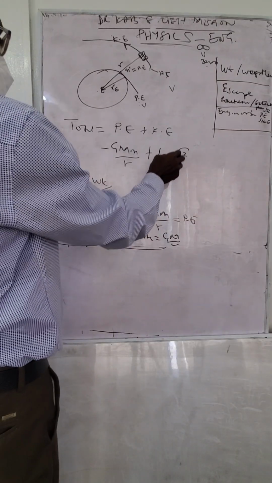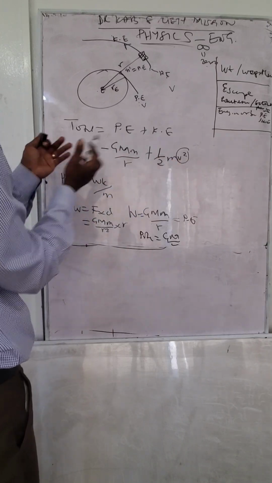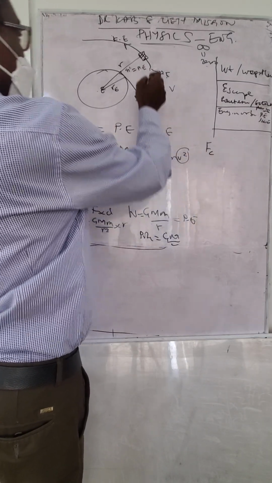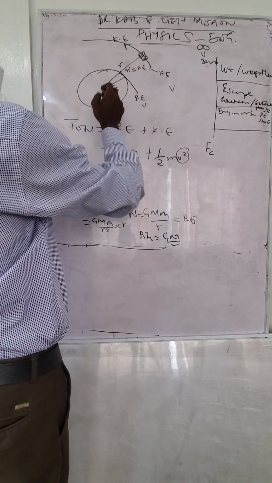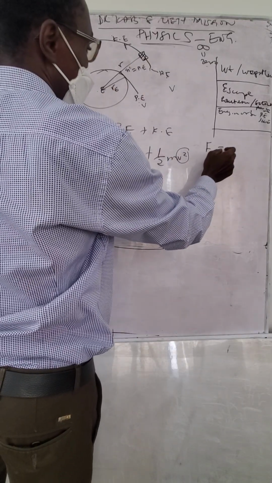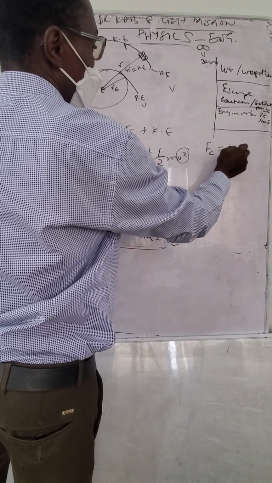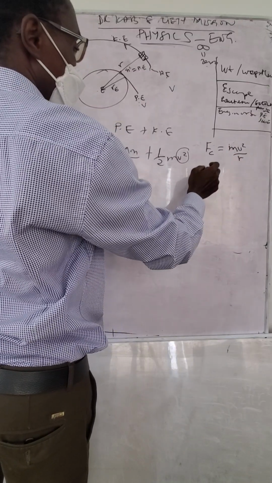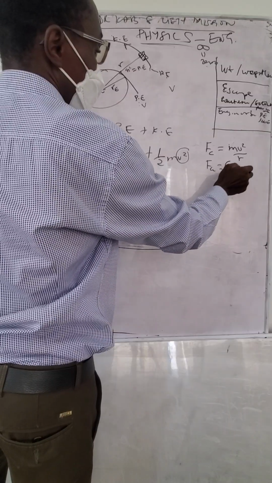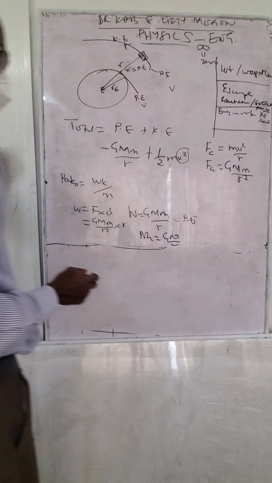Now, we can get an expression for v in terms of GM, so that the equation can be simplified. From that, we know centripetal force. As it's going around, there's a centripetal force, and that centripetal force is also the same force of attraction between the satellite and the Earth. That centripetal force is equal to mv squared over R, and the force of attraction between the two is equal to GMm over R squared.